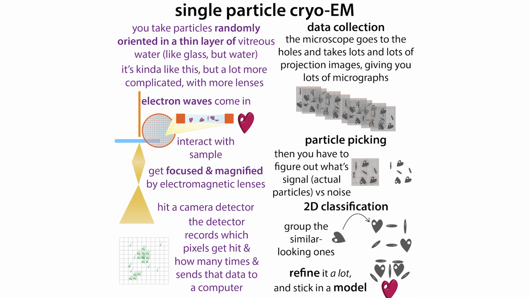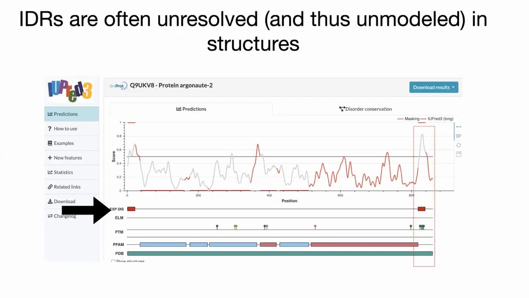And so you have to have a lot of them in the same orientation in order to be able to see them. There's much more about how we experimentally solve structures in other posts, but this structural information, or the lack of it, can also be used as evidence for disorder. So if we have a region that's missing in a crystal structure, this can actually be used as experimental disorder proof.